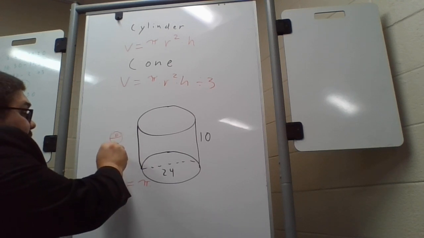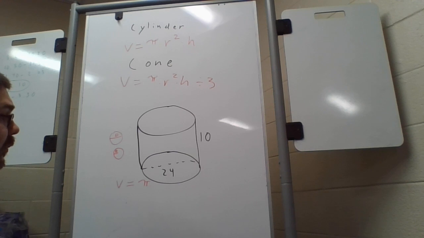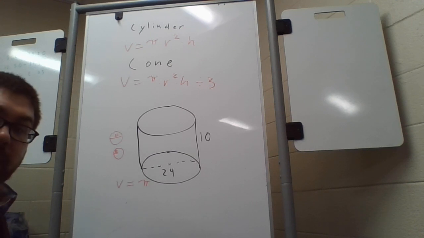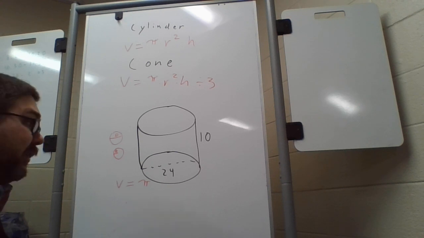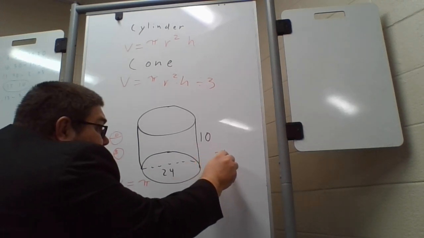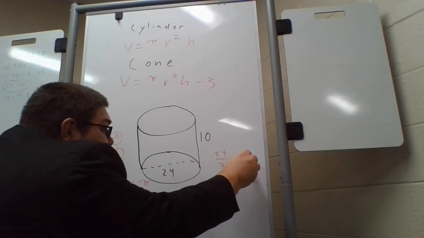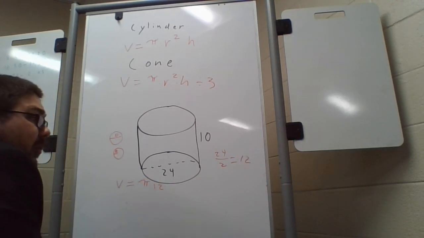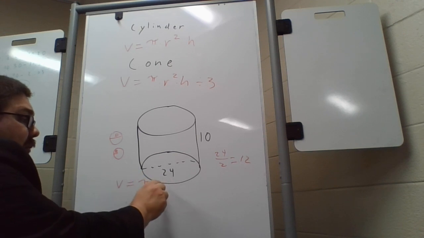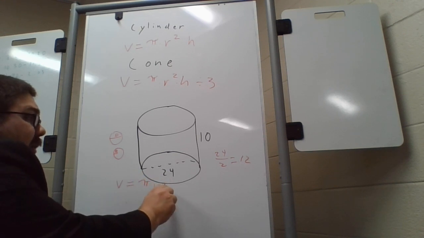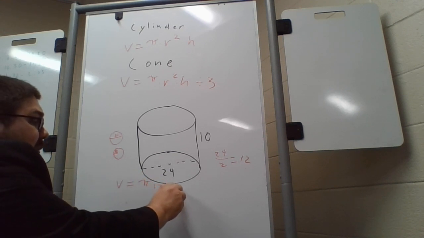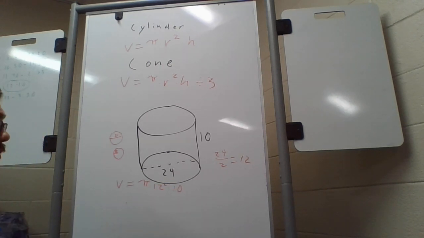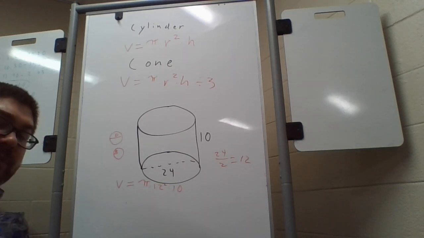The radius would be half of the diameter. So we have to do 24 divided by 2. 24 divided by 2 gives us 12, and that is our radius. 12, half of 24, squared times 10.